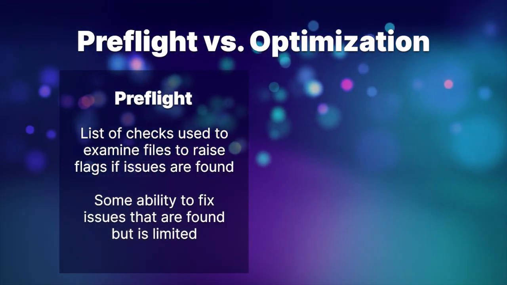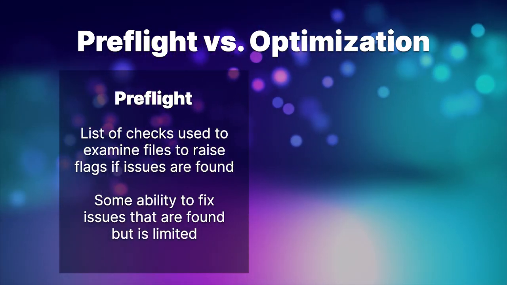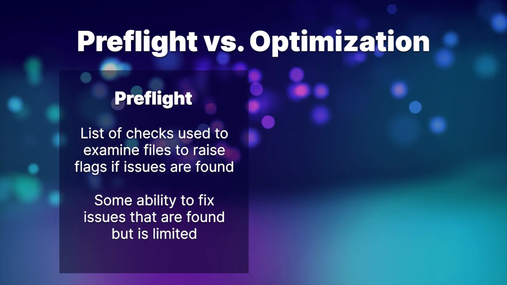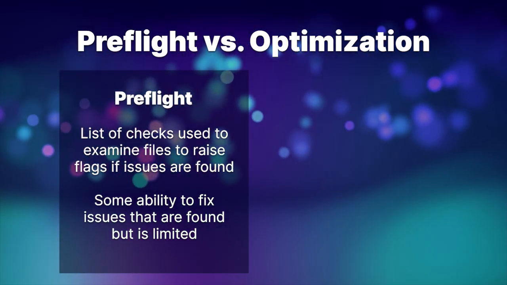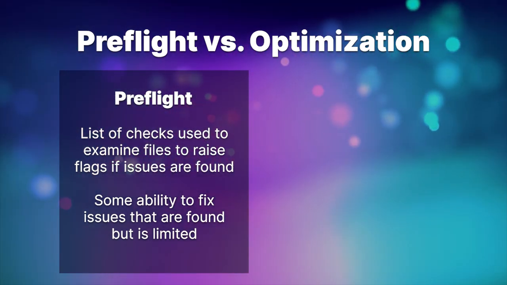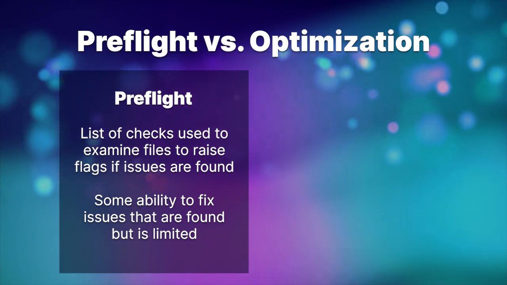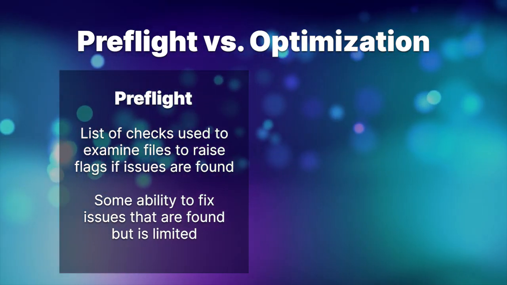There's this huge laundry list of checks that you can make on a file to examine it. Depending upon the tool you're using, it can maybe automatically correct some of those things, but in many cases, it's just waving a flag saying, hey, there's this issue. You might need to do something about it before it continues. So that's pre-flighting.